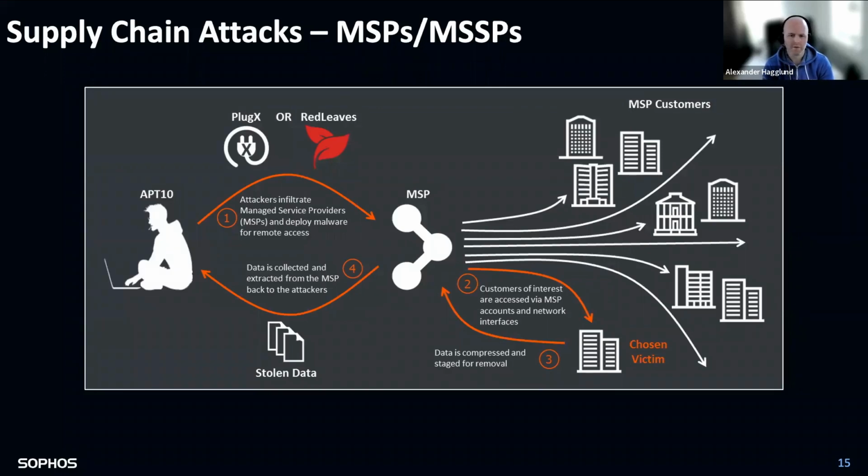What was the interest? This differs from the previous example where the goal was to plant ransomware and get their money that way, whereas in this case, they stole data from the organizations that they managed to compromise through an MSP. So it also shows that different groups have different objectives that they work against.